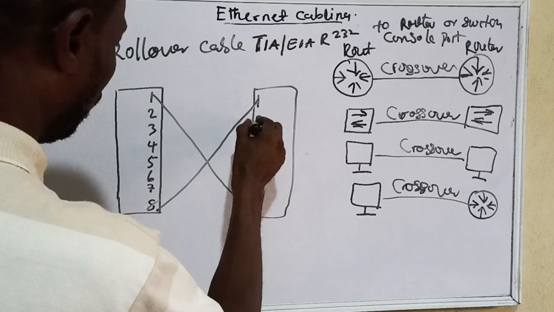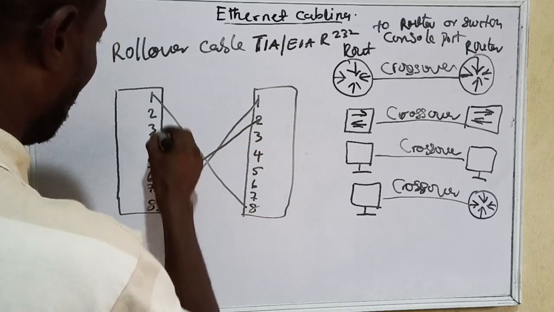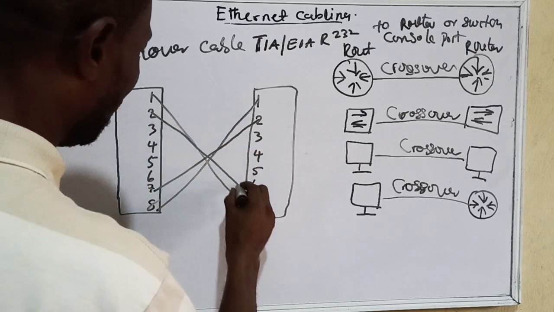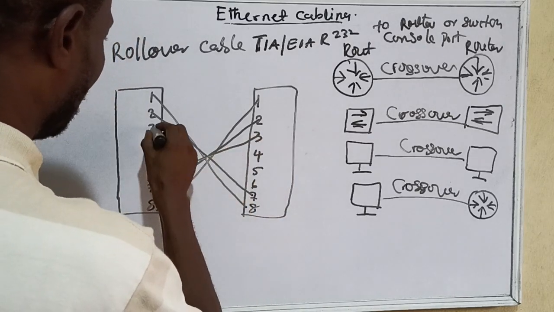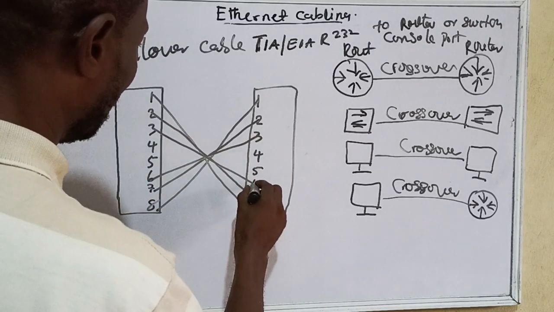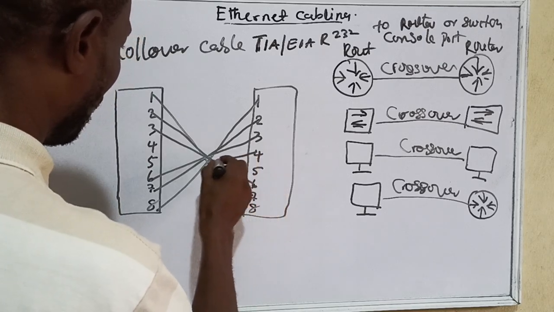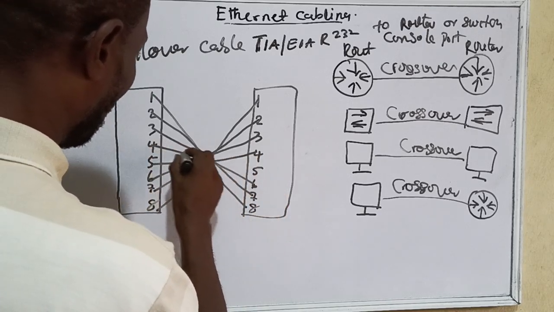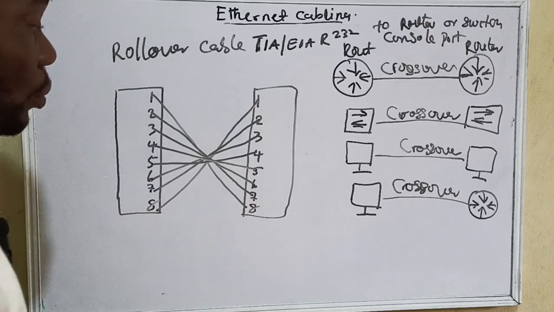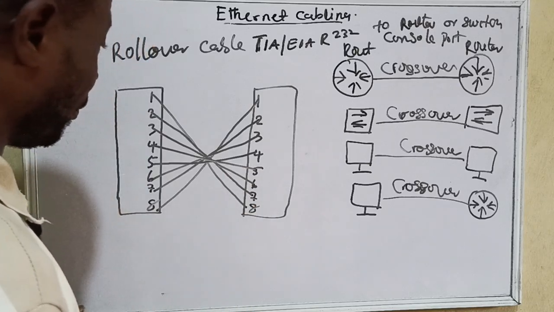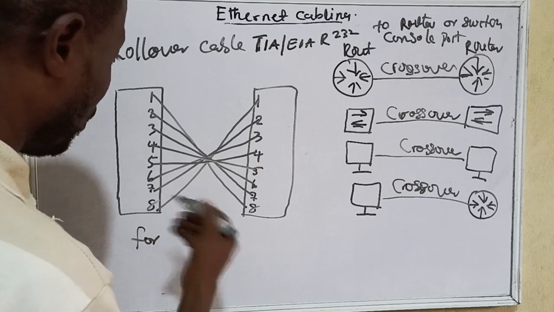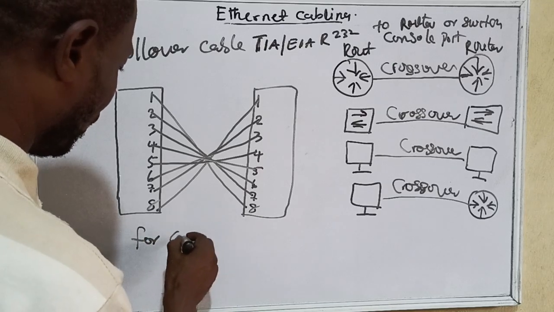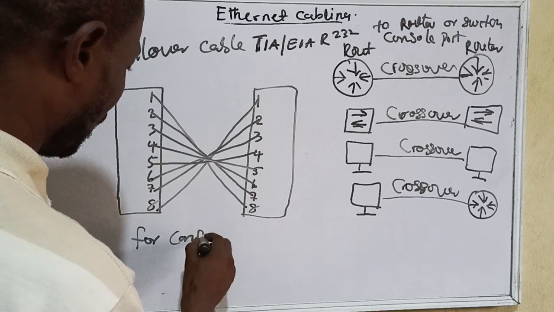Pin 2 comes to pin 7, while pin 2 here comes to pin 7 here. Pin 3 comes to pin 6, and pin 3 here comes to pin 6 here. Pin 4 comes to pin 5, while pin 4 here comes to pin 5, for router configuration.